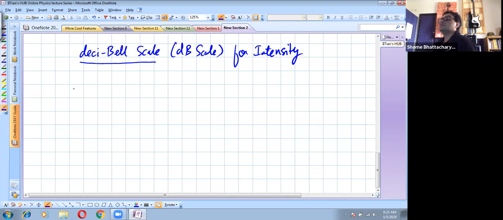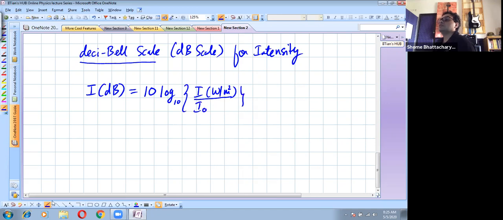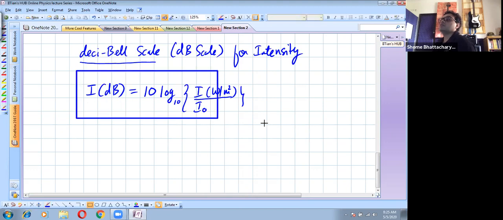So in the decibel scale, we define intensity of any sound in decibels by this equation: it is 10 times log to the base 10 of the intensity of that sound in watt per meter square divided by the threshold of hearing. So this is the standard accepted formula for the intensity in decibels.